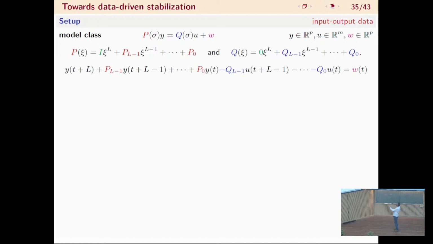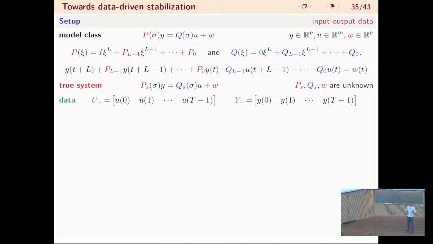And then basically I am looking at this left-hand side, and that needs to be equal to W, the process noise. And within this model class, I have a pair P_S, Q_S, unknown, that represents the true system.